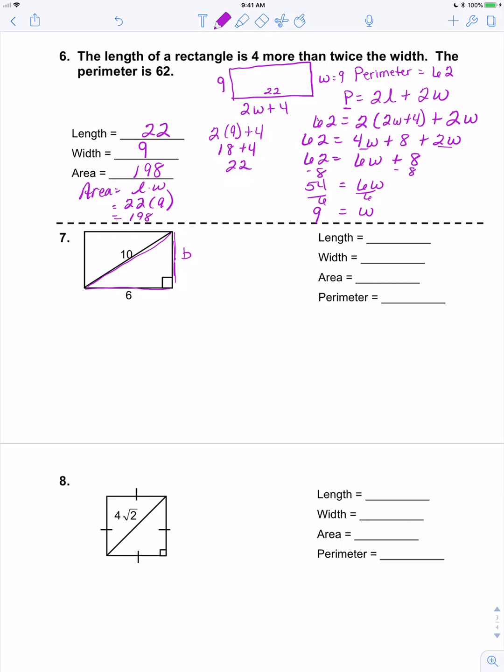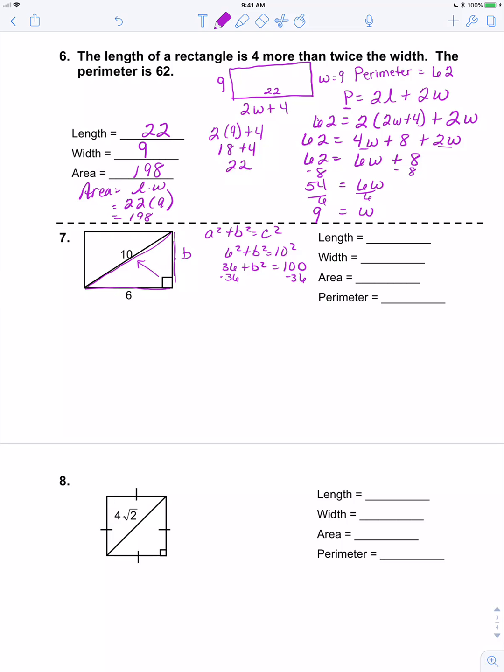Remember, a squared plus b squared is equal to c squared. C is always the hypotenuse, which is the one that's across from the 90-degree angle. So we can say here we've got 6 squared plus b squared is equal to 10 squared. 6 squared is 36, plus b squared, 10 squared is 100.